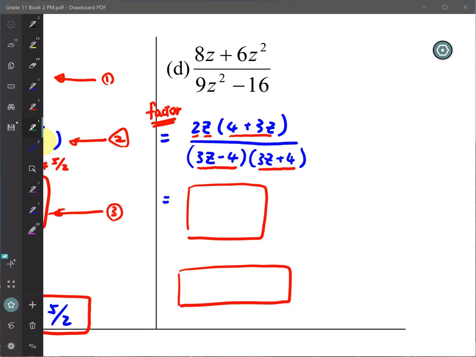Okay, Jenny, what can you cancel out? I changed the 2z into a negative 2z, so I could get the top bracket to match the bottom bracket, so I could get rid of it. It's already matching. You don't see it? Oh, I thought they were both 3z minus 4. Sorry. Oh, okay.